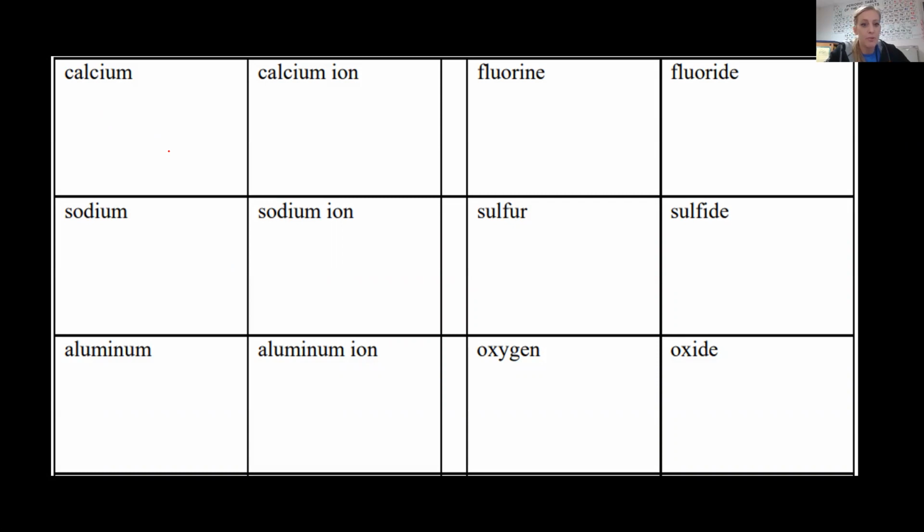So what is the atomic symbol for calcium? Ca. Awesome. Thank you so much. Next person. Lucas, how many valence electrons does calcium have?